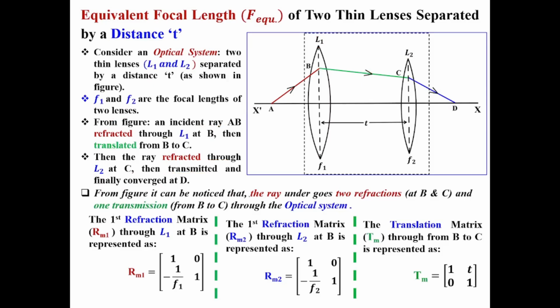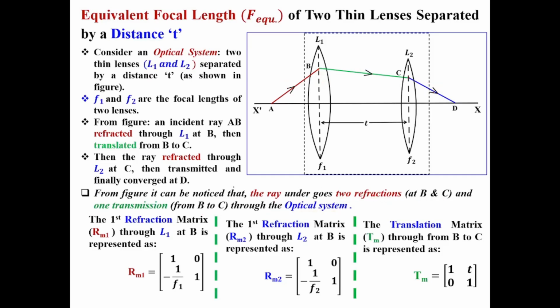From the figure, it can be noticed that the ray undergoes two refractions: one at B, R1, and one at C, R2. Two refractions and one translation. If we consider the system matrix for the optical system, we have three dynamics: the ray undergoes two refractions, which happen at B and C, and one translation from B to C through the optical system.